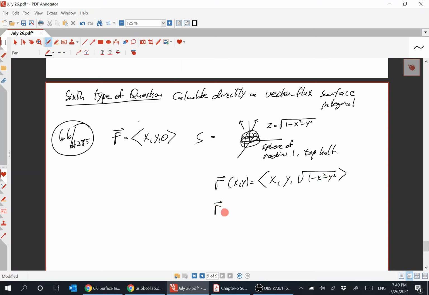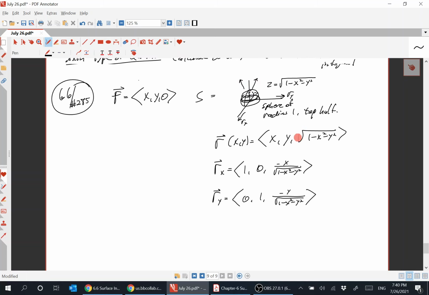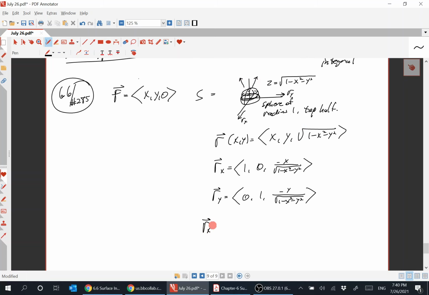And then we need the partial derivative of r with respect to x, and the partial derivative of r with respect to y. Rx points in this direction and Ry points in that direction. So using the right-hand rule, the cross product that corresponds to the upward orientation of that surface is Rx cross Ry rather than Ry cross Rx.